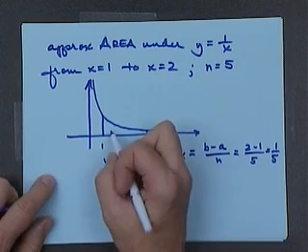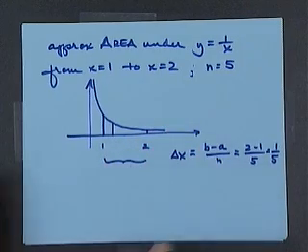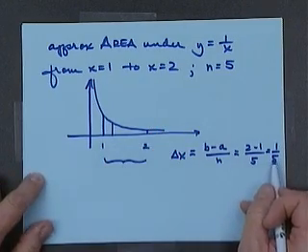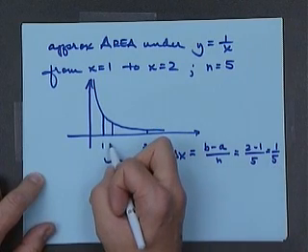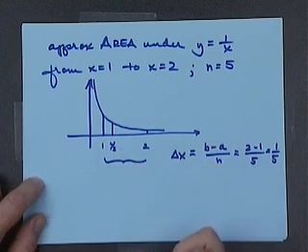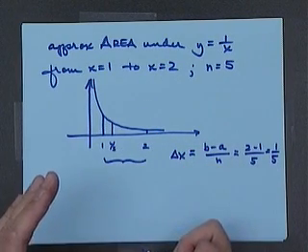So there's our first x value. I know it's a lot closer than that, but this is going to get cluttered in a hurry. So we're going to slide over 1/5 of a unit. So this is what? 6/5? We're not going to use 1. We're not going to use 6/5.